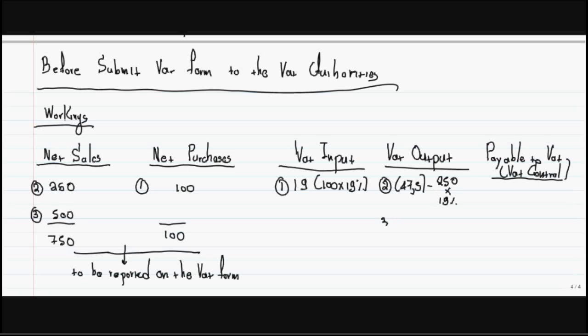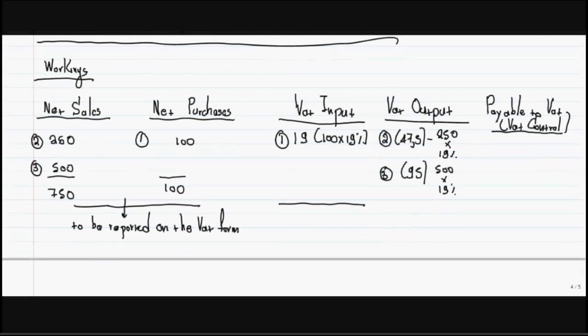And again, we need to pay VAT for the services we provided, which is 500 multiplied by 90%. So you can see very clearly here that our VAT refundable is lower than the VAT payable. So we have a liability to the VAT authorities.